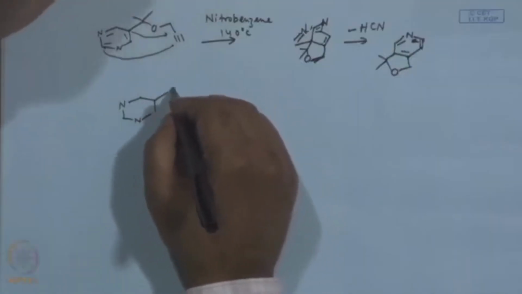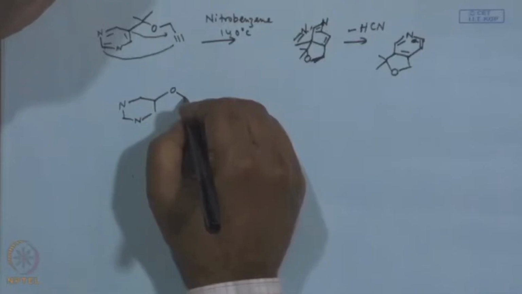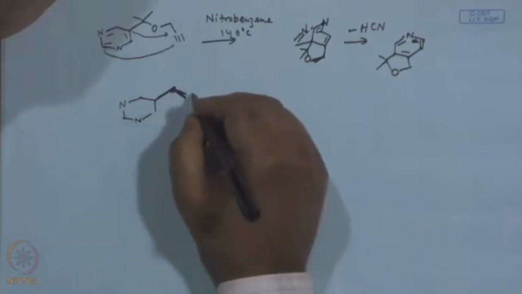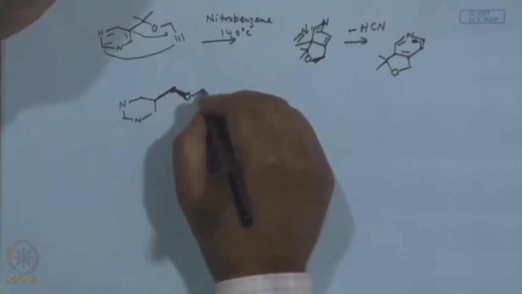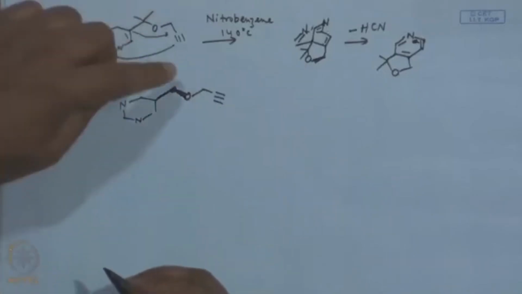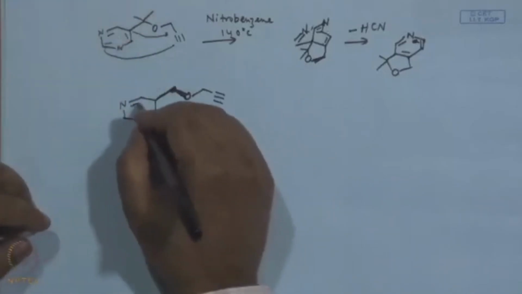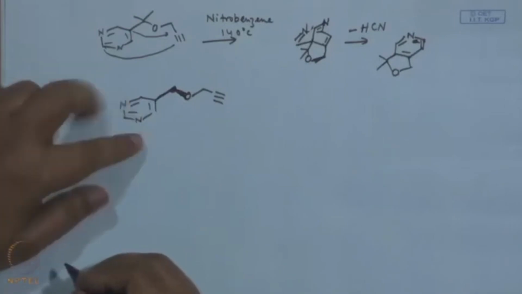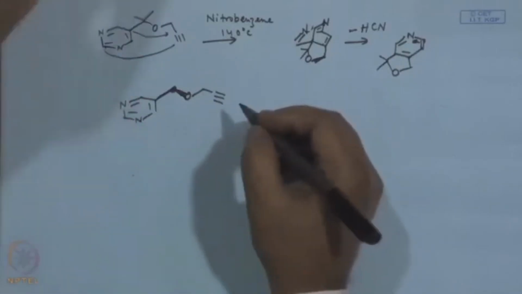So, let us say you have a situation, so oxygen, and then again a triple bond, just like the previous one, just without the methyl group, and the substrate is very similar. Normally, the reactions are very sluggish without the methyl groups, because you have only 2 nitrogens, electron deficiency is not that much, and so you have to increase it.